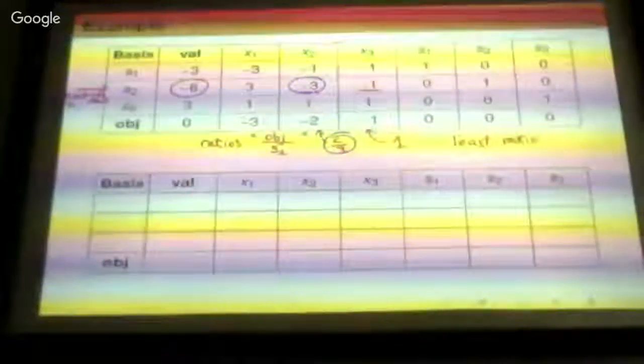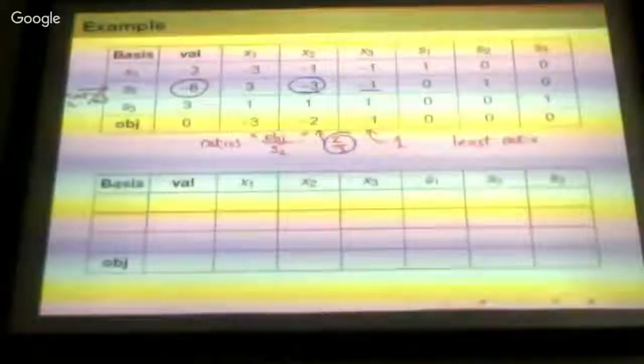Is it clear how I've selected the pivot element? So I'll say that again. No reaction. That's the worst thing that can ever happen.